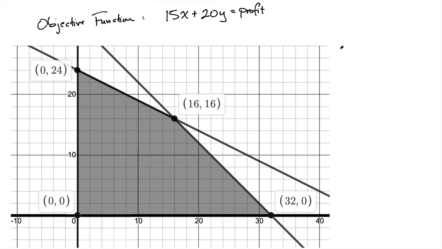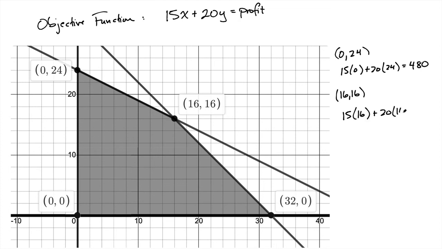So we're going to plug (0, 24) in. That's 15 times 0 plus 20 times 24, and that is 480. We're going to plug (16, 16) into this. So (16, 16) is 15 times 16 plus 20 times 16, and that is 560.